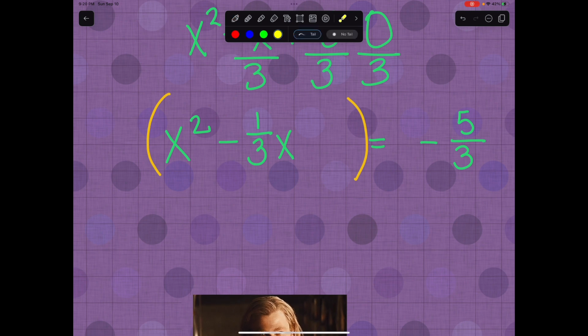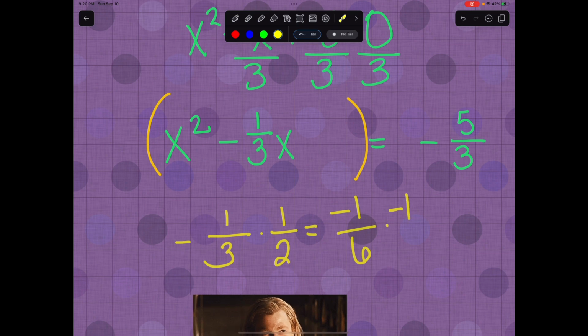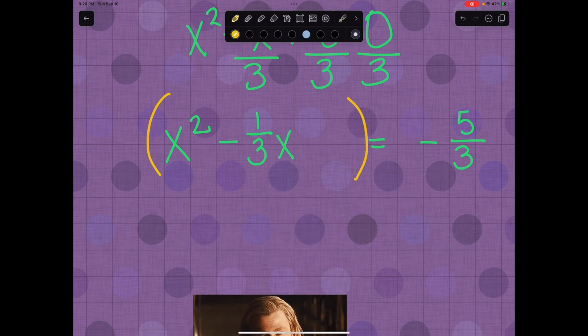How do I do that? I take this, I divide it in half, times a half, and that gives me -1/6. And then I square that. So I multiply it by itself. And I get 1/36. That's the number that I put here.